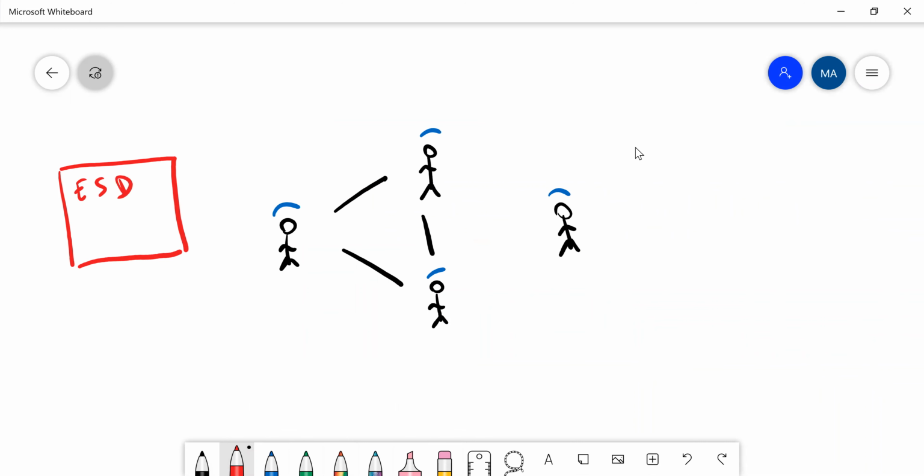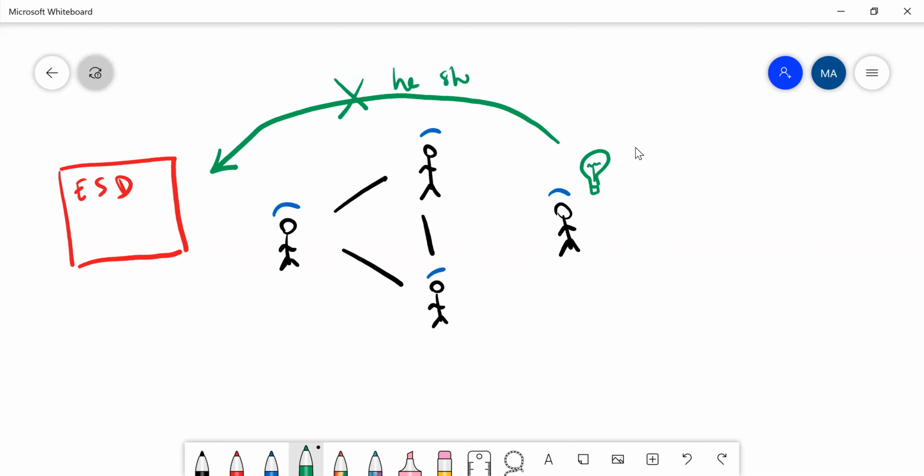And these 3 are connected, but the brilliant idea is invented by this guy. Okay? And what happened? Well, this guy was trying to codify the useful knowledge, but at this point, he or she died.